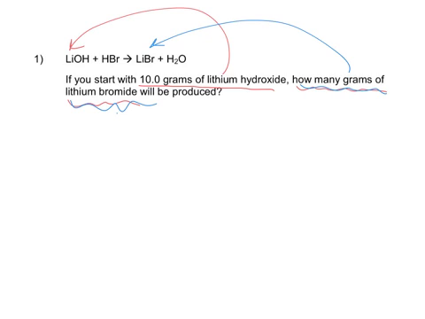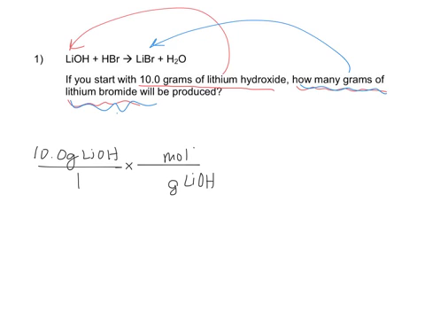The first step in that is to start with what we're given. That's always step 1, and that's to put 10 grams of lithium hydroxide over 1. Now the next step is going from grams of lithium hydroxide into moles of lithium hydroxide. And remember, this number that goes with moles is always 1. It's always for 1 mole.